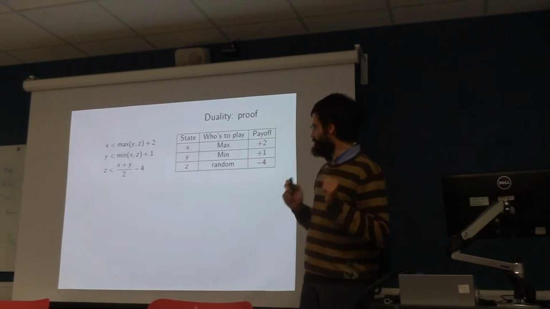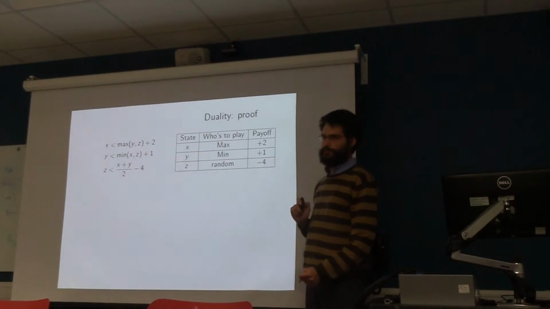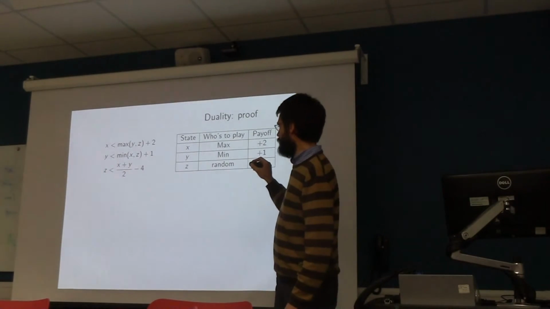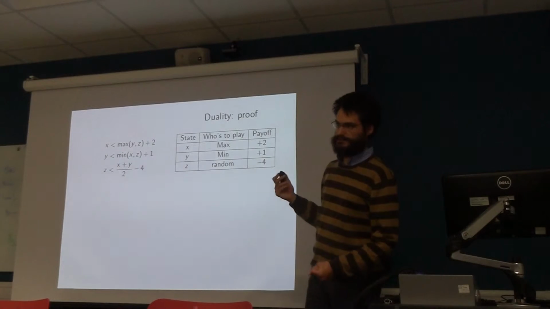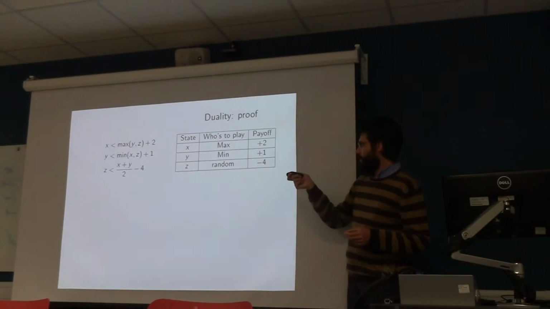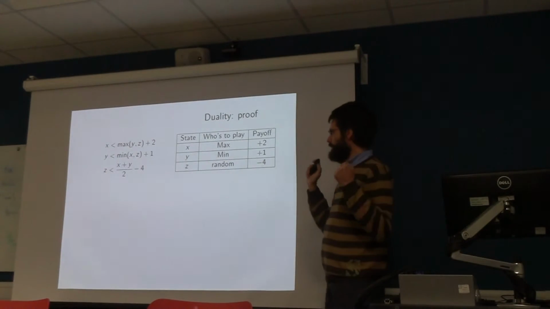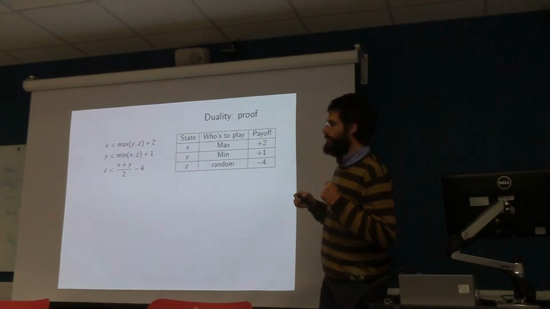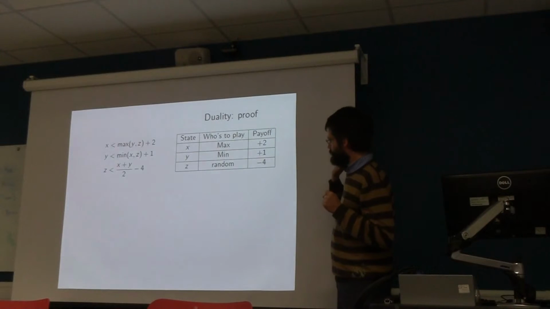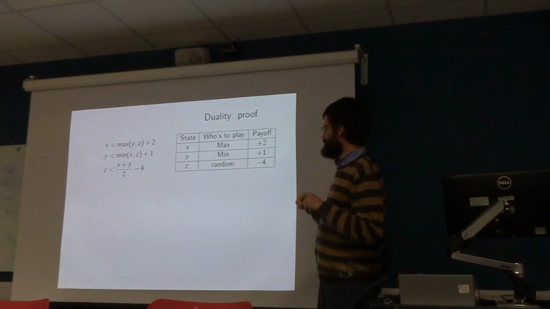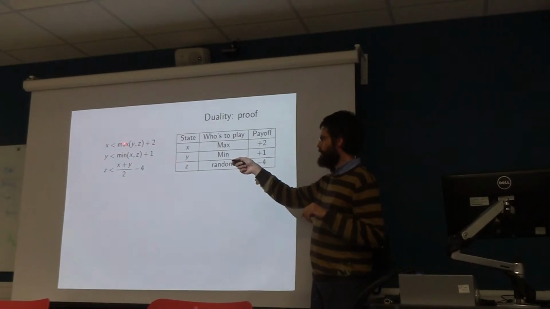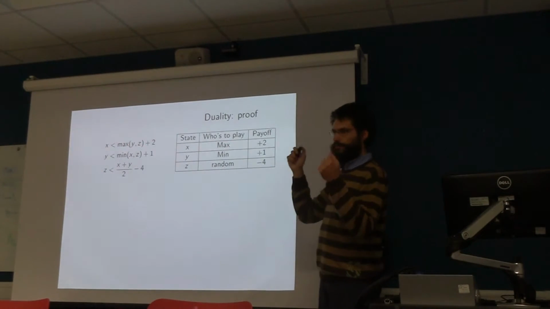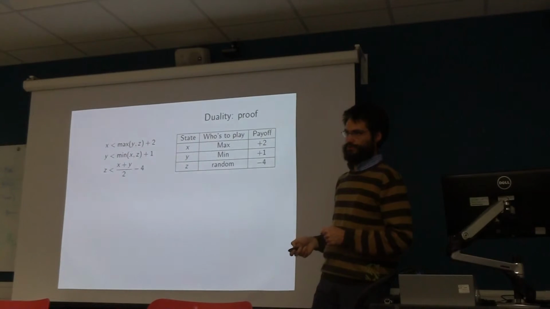So the idea is this: you have 3 players, which are called max, min, and random, and 3 states, which are the variables in this case. At each moment, the game is in one of the states X, Y, and Z, and what happens is that when the game is in state X, Max gets to choose the next move, and we book a payoff of +2.